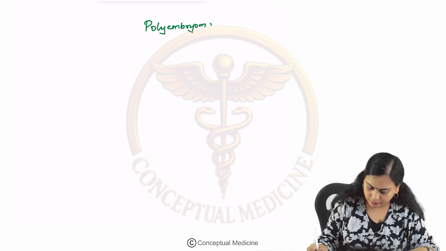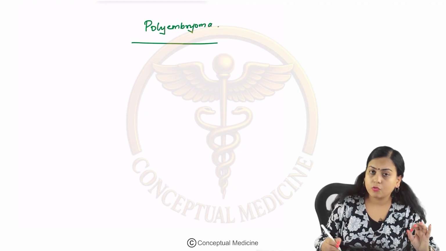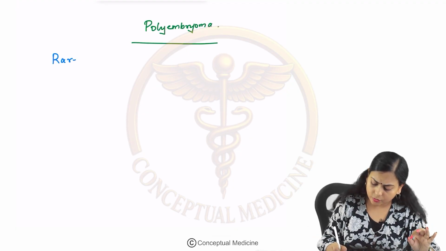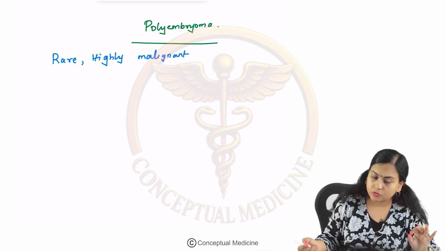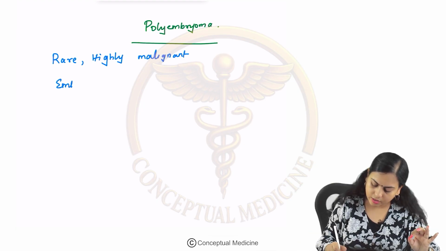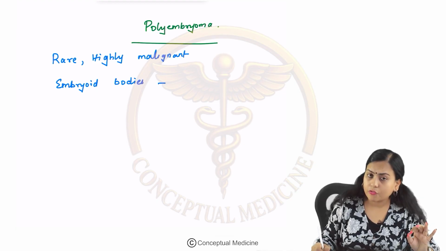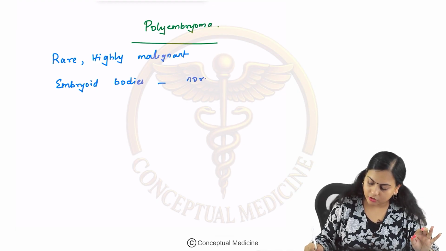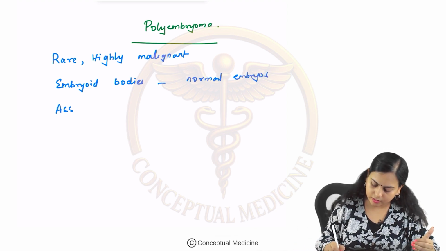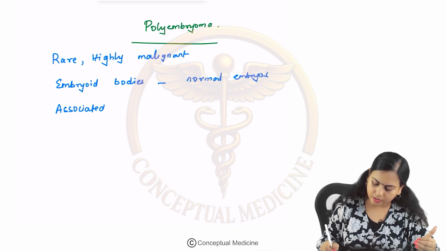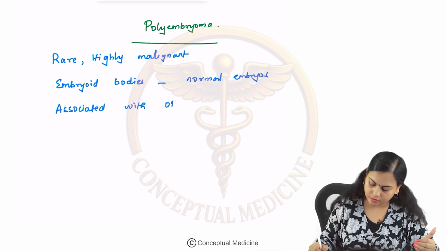Next tumor is polyembryoma. So this is also one of the rare germ cell tumors and it is highly malignant as well. This consists of embryoid bodies that morphologically resemble normal embryos, and it can be associated with other germ cell tumors.